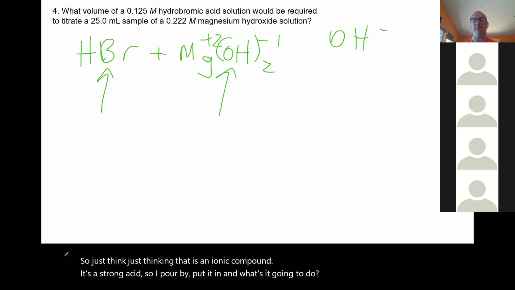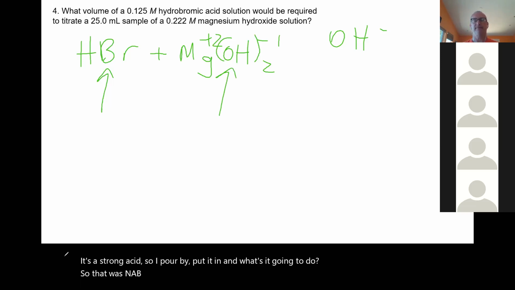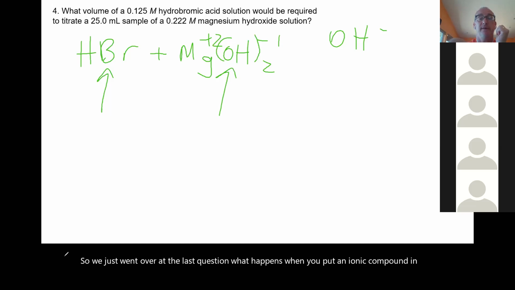So if that was NaBr, that was sodium bromide, what ions would I get? So we just went over it the last question. What happens when you put an ionic compound in water? And it's a solution, so we know it's in water.